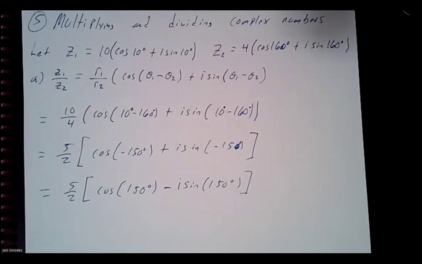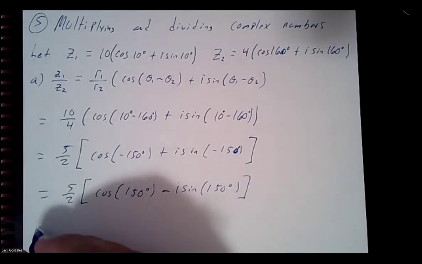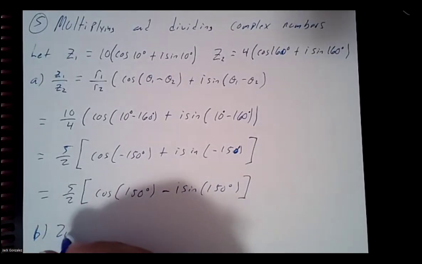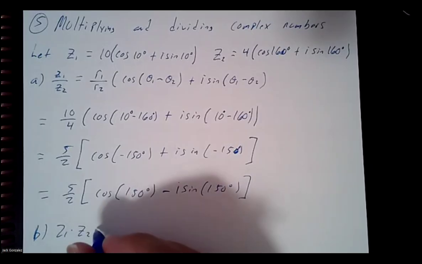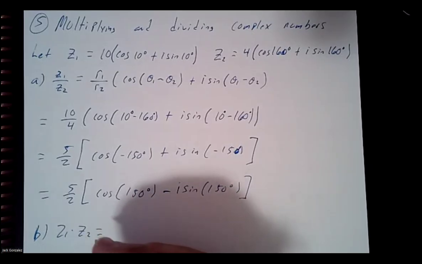In polar form. So now part B says do the times. So the formula is, let me write it down for you just in case.